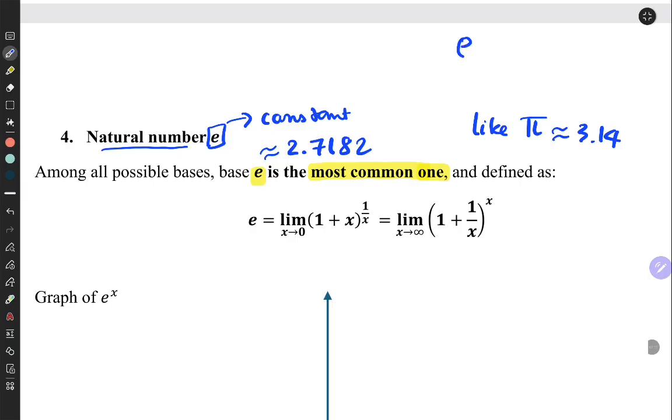Maybe another number, something also very familiar to you in physics. G? Around 10, or around 9.8 meters per second squared. Gravitational constant.